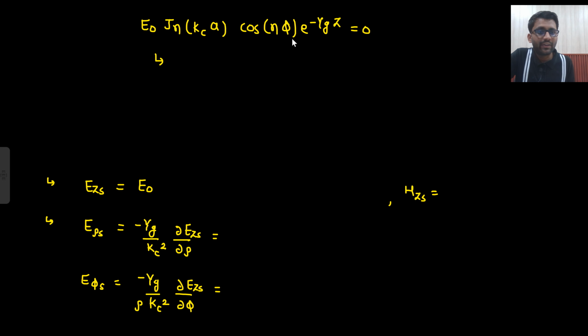Here you do not put the value of phi or z, you put the value of rho. So E naught cannot be 0, this cannot be 0, this cannot be 0. So who has to be 0? Jn Kc a has to be 0.